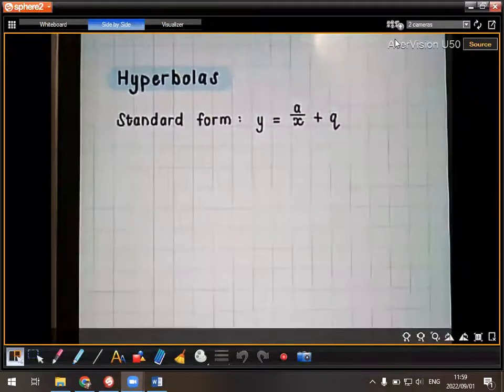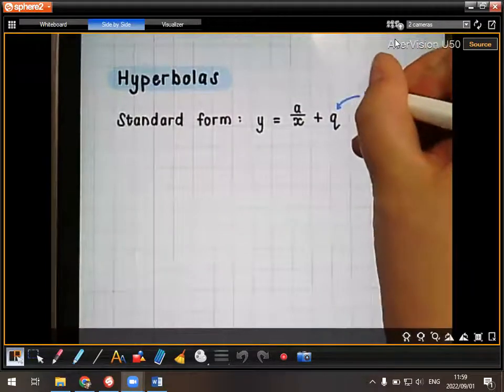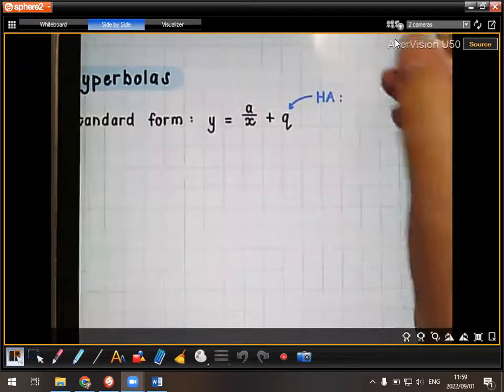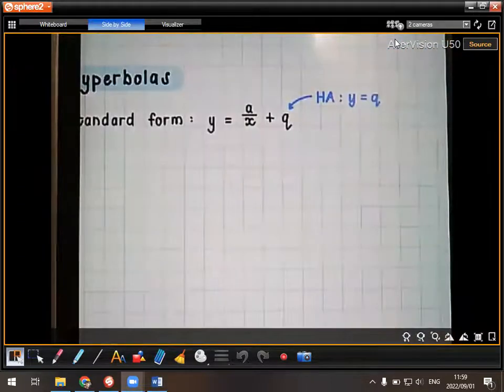Up until now, the q value was the y-intercept. Not anymore. With this one, q gives you your HA, your horizontal asymptote, and the equation of that asymptote is going to be y equals q.